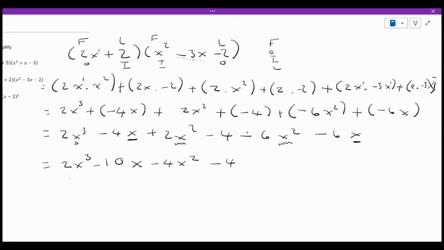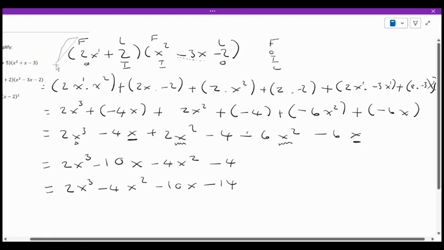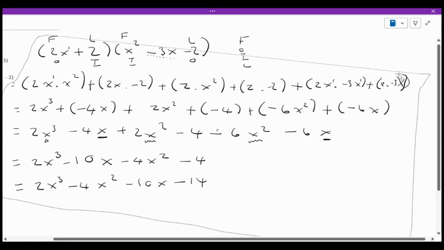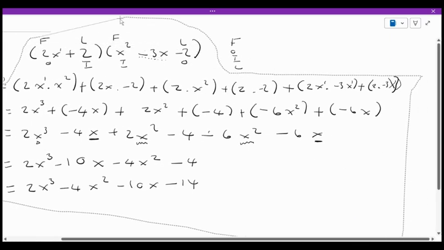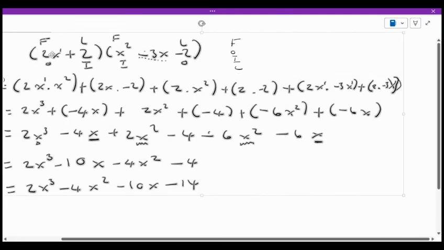We can leave it like this, but for neatness purposes, you're going to write it in descending order of the exponents of x, and that is our final answer. Let's look at another example, the last example. And then we know we are done with this. And know that you can perfect it.